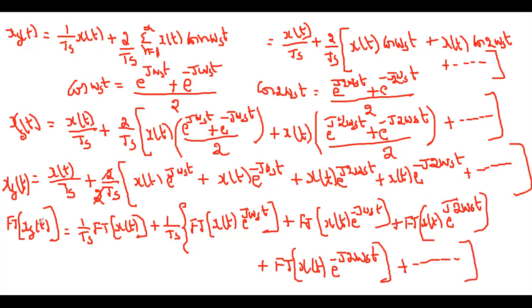So what is the Fourier transformation of x delta of t? It is X delta of omega. What is the Fourier transformation of x of t? X of omega, or it is also X of f, in terms of the angular frequency and in terms of the normal frequency.